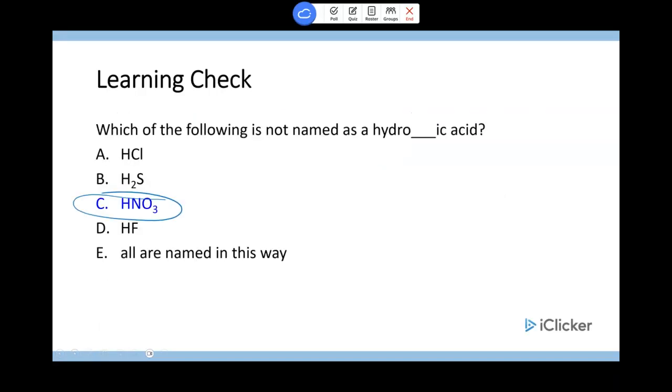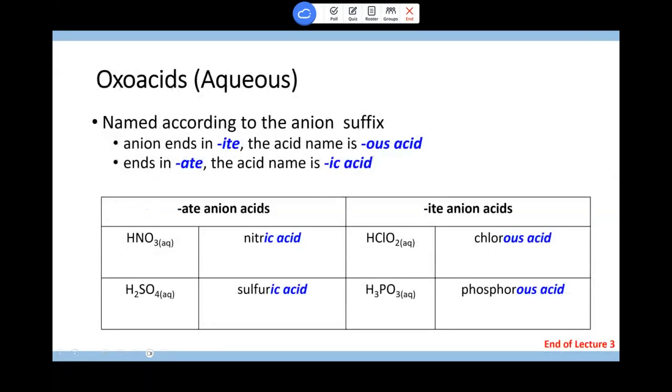And then if we have hydrogen with a polyatomic ion, we've talked about naming acids if we have a polyatomic ion that ends in ate, like nitrate or sulfate. When those are with hydrogen in aqueous solution, they act as an acid. Nitrate with hydrogen in solution is nitric acid.